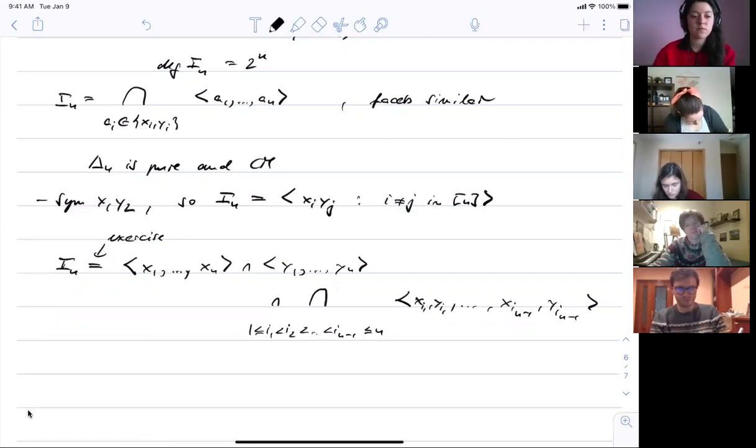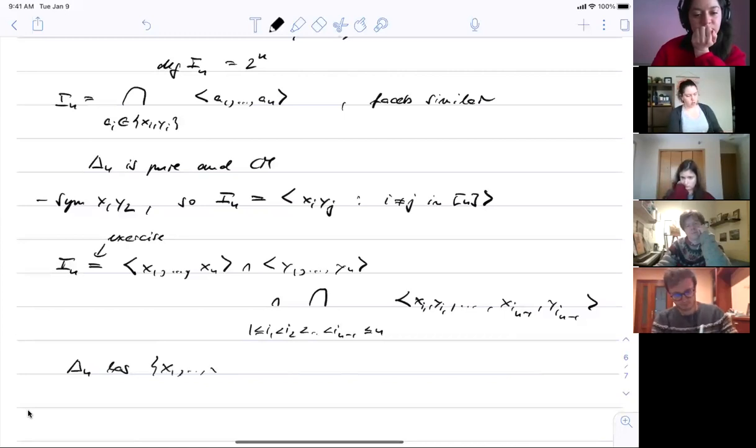So this gives us the description also of the facets. So we see the facet corresponding to the ideal x1 up to xn, and the one corresponding to y1 up to yn.